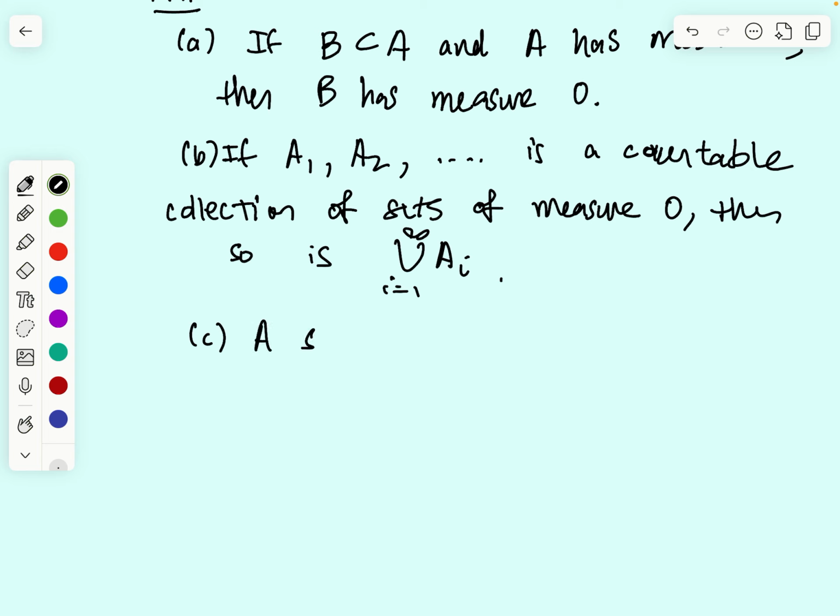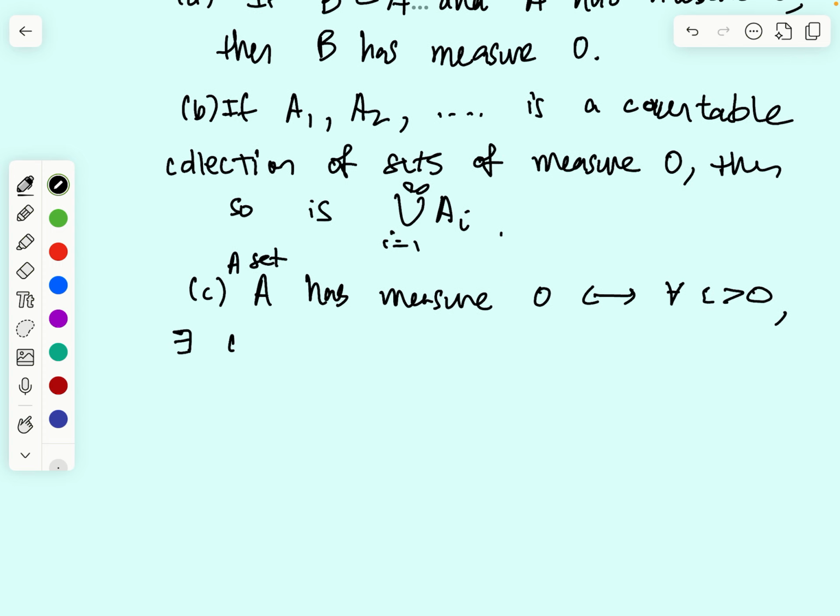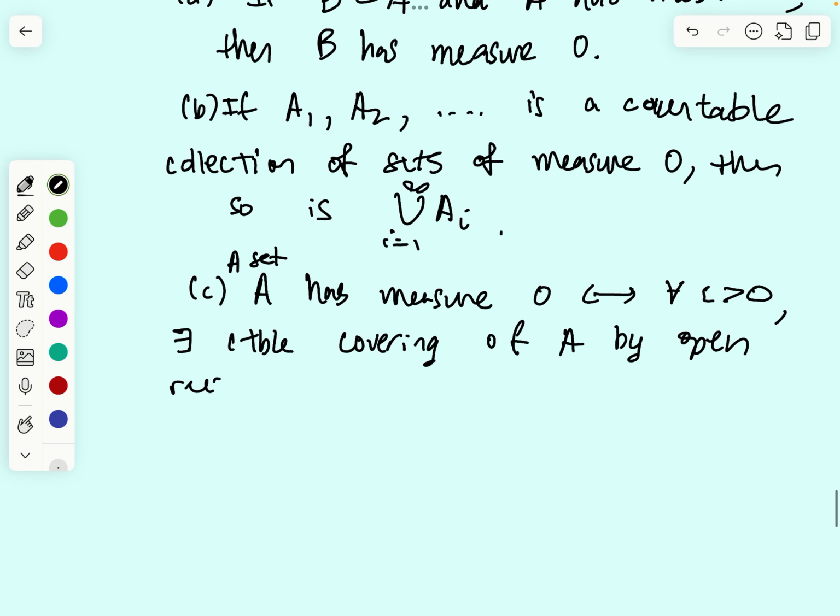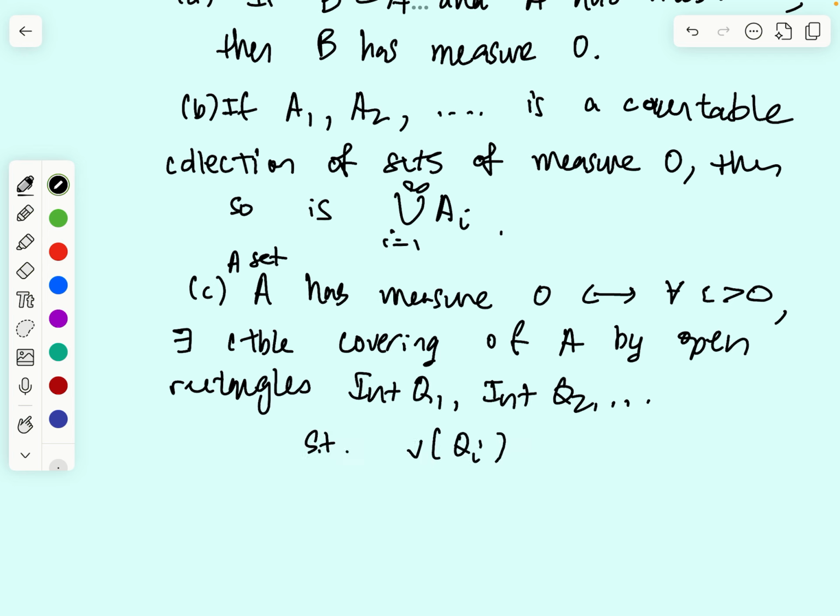A set A has measure 0 if and only if, for every epsilon greater than 0, there exists a countable covering of A by open rectangles, the interior of Q1, interior of Q2, etc., such that the volume, when you sum them up, is less than epsilon.